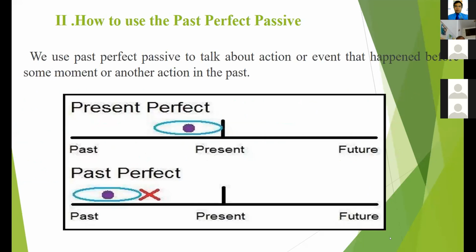And number 2, how to use past perfect passive. We use past perfect passive to talk about an action or event that happened before some moment or another action in the past. You can see the photo that I put in the slide. The past perfect passive happened in the past, before another point in the past, and is similar to the past perfect in the active voice.